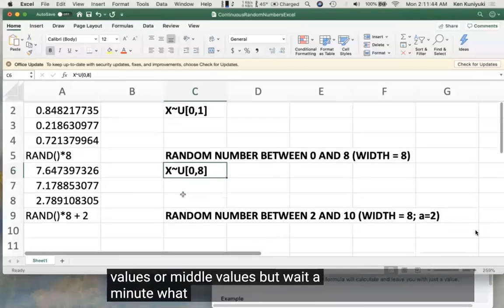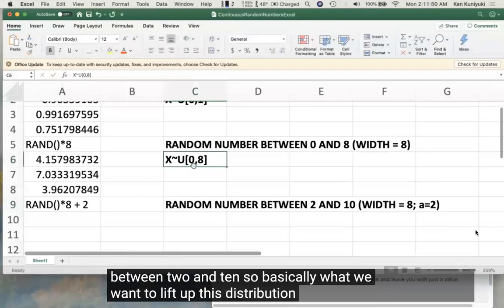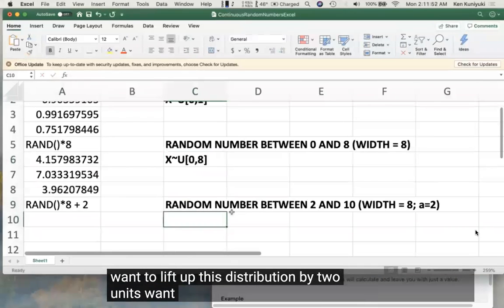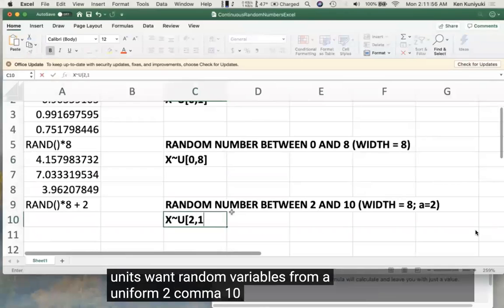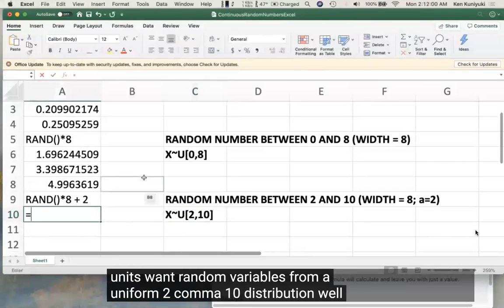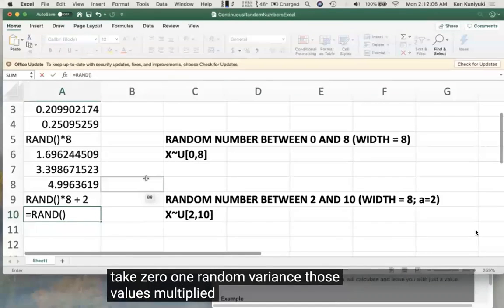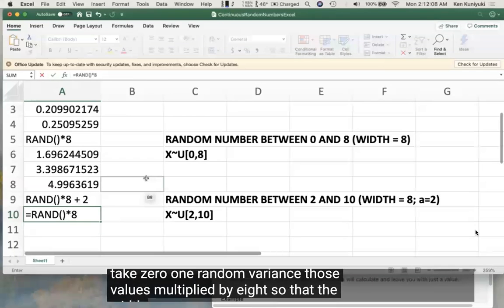But wait a minute, what if we want random numbers between 2 and 10? So basically, we want to lift up this distribution by 2 units. We want random variables from a uniform 2, 10 distribution. Well, we take 0, 1 random variates, those values, multiply by 8 so that the width is 8.